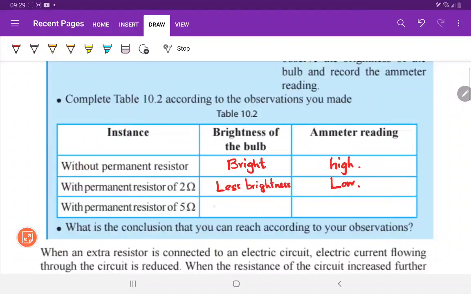If you connect the 5 ohm resistor, it is the least bright, so the brightness will be lower.